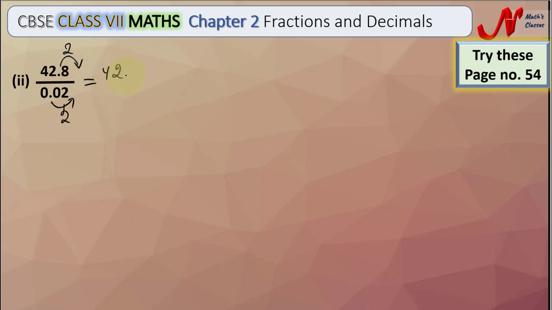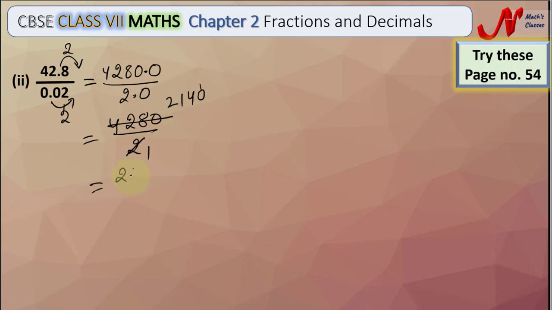So it can be written as 4280.0 divided by 2.0, which can also be written as 4280 divided by 2. By cancelling: 2 ones are 2, 2 twos are 4, 2 ones are 2, 2 fours are 8, 0 0. So it can be written as 2140 divided by 1, which is equal to 2140. Therefore 42.8 divided by 0.02 is equal to 2140.